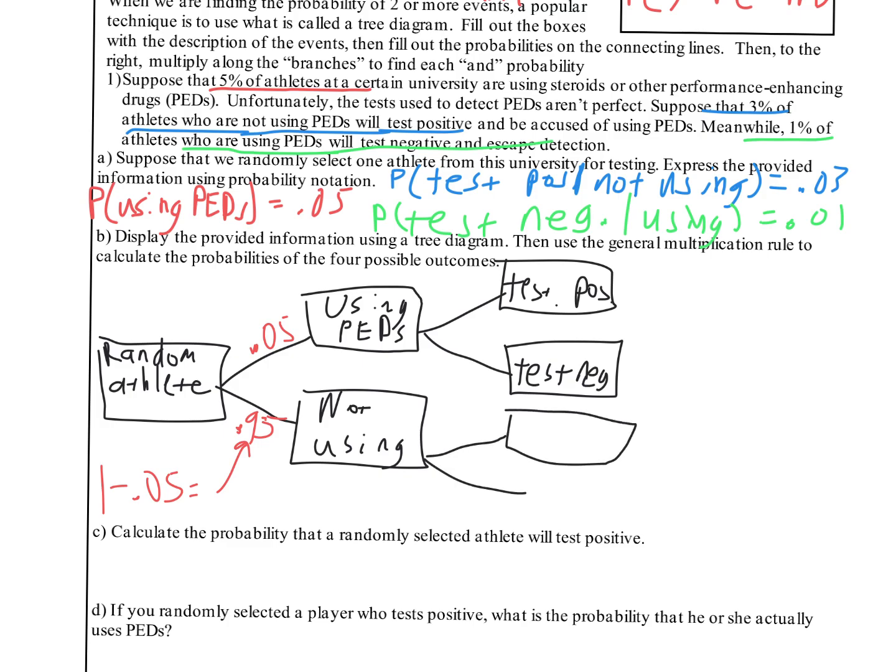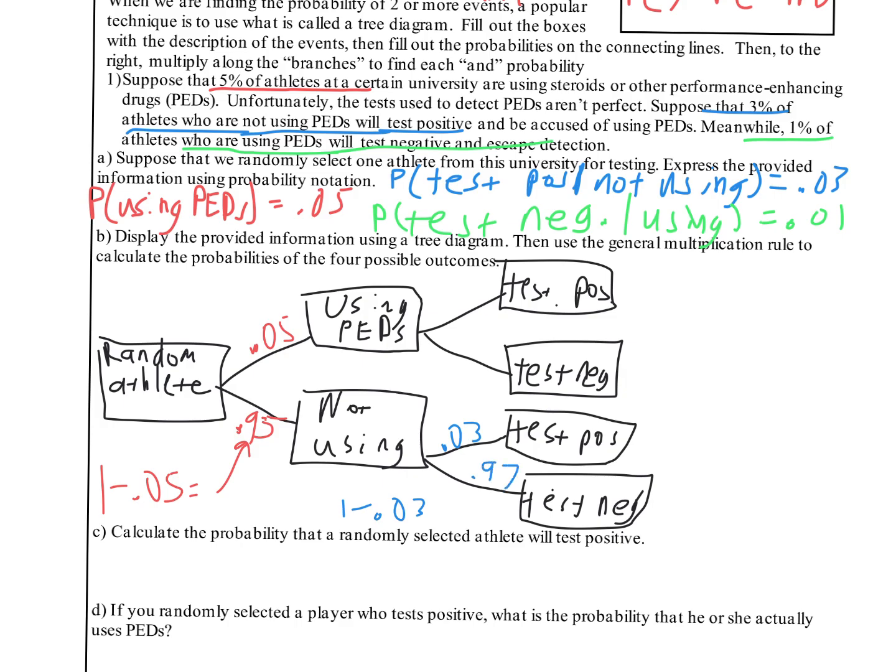You could still test positive or you could test negative. So we know that the probability, if they are not using and they test positive, is the 0.03 that we had up there. And we'll do 1 minus 0.03, which gives me 0.97 down there.